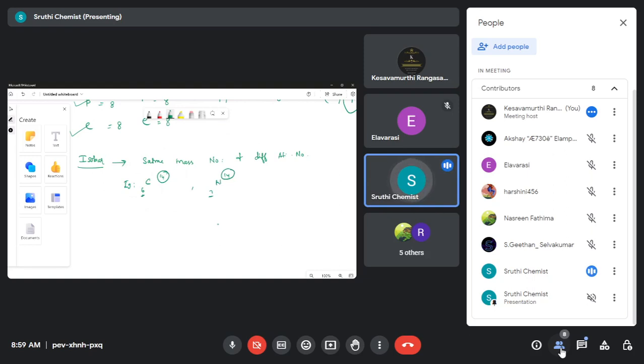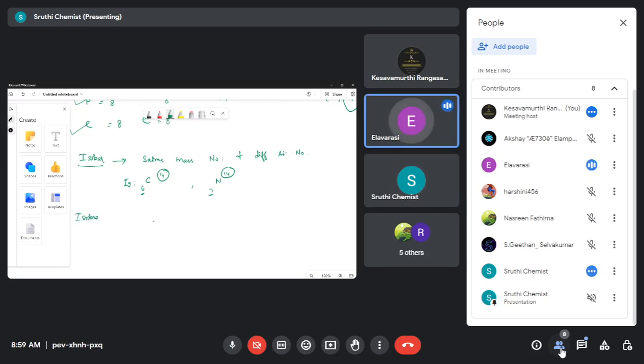Then you have isotones. What is meant by isotones? Same neutron number, right? Very good.